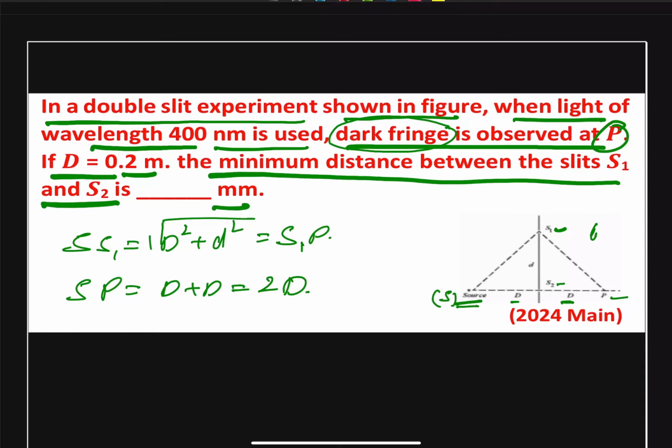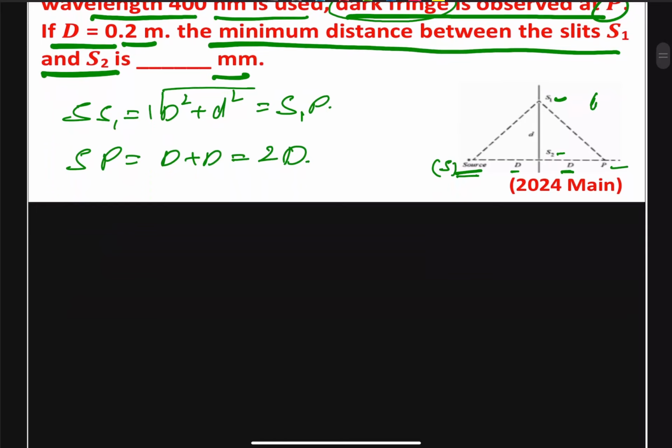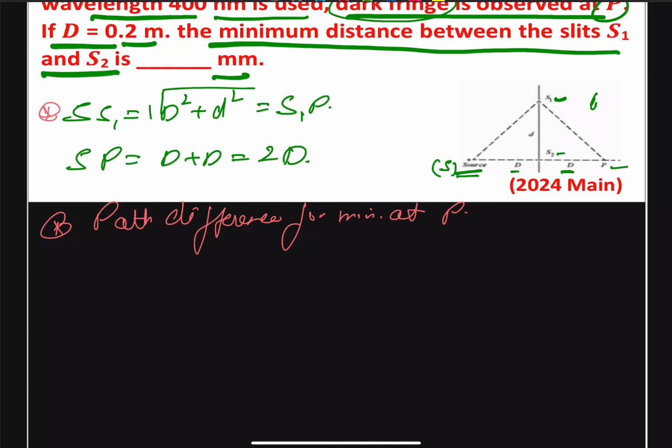Therefore we can write the path difference for minima at P, that is our SS1 plus S1P minus SP, should be equal to lambda by 2.